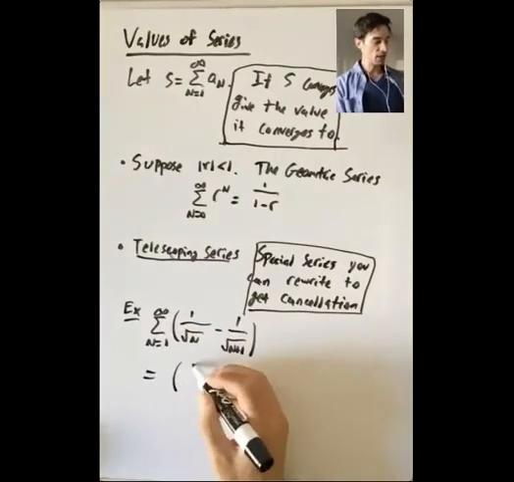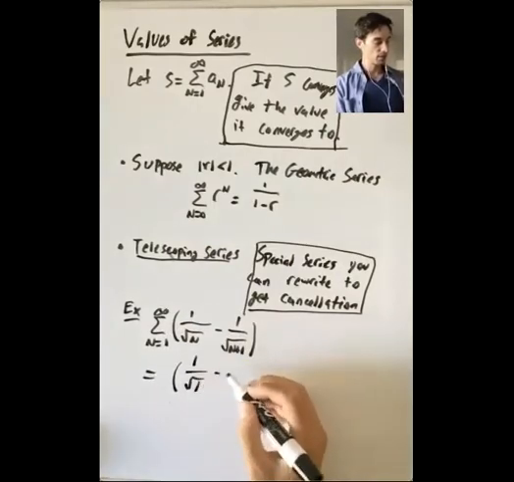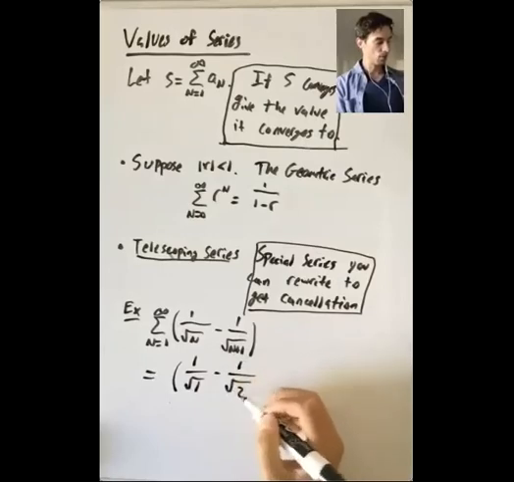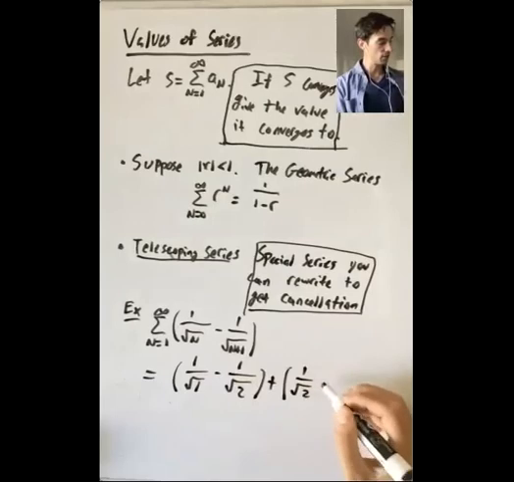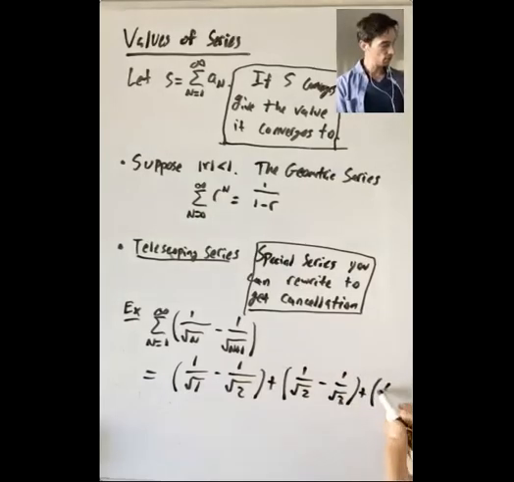And if you start to write out the first few terms, you see a pattern. We get 1 over square root of 1 minus 1 over square root of 2, plus 1 over square root of 2 minus 1 over square root of 3, plus 1 over square root of 3 minus 1 over square root of 4, plus 1 over square root of 4.